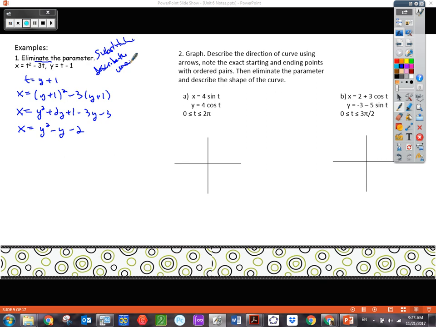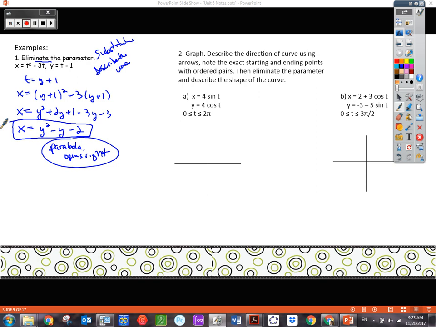What that means is say what kind of rectangular equation it is. That's all. Describe the curve. This is a parabola, and it opens right. That's my description of the curve. Parabola opens right. Here is my rectangular equation where I have eliminated the t. The t is gone.